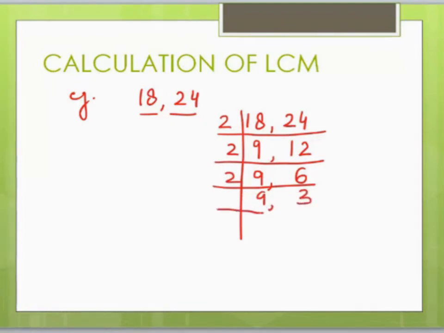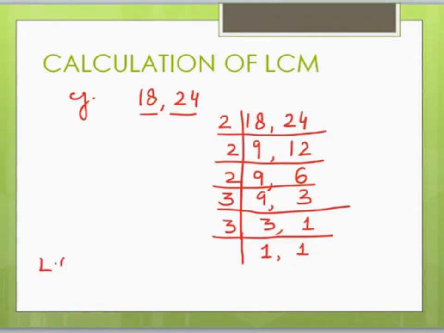Now these both numbers, 3 and 9, are no longer divisible by 2. Then we move on to the next prime factor, that is 3. 3 3s are 9 and 3 1s are 3. And again 3 1s are 3 and 1 remains as it is.